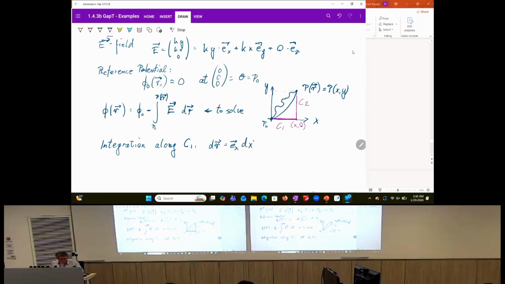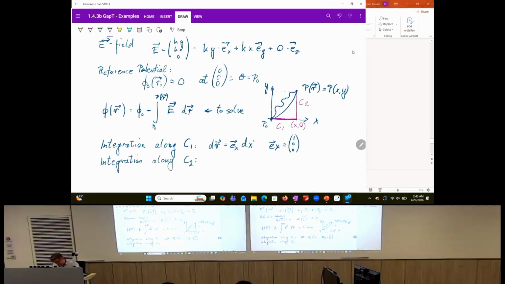So that Ex, remember, is the unit vector. Or if we write it in column form, it is (1, 0, 0). And then the second step is the integration along C2.